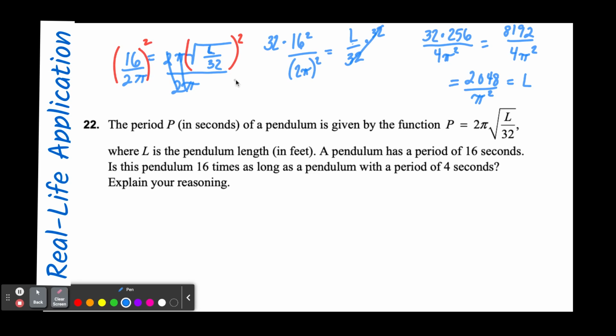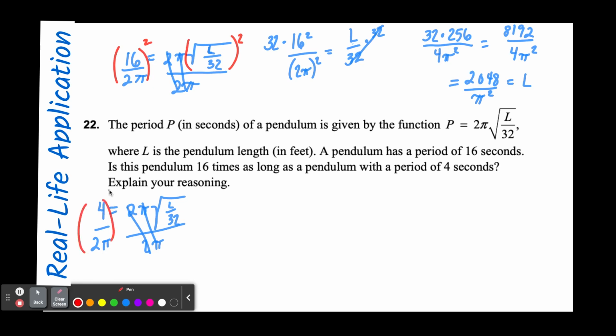So now we want to come over here, and if we have a period of 4 seconds, we'll work the same equation, 2 pi times the square root of L over 32, dividing both sides by 2 pi. It cancels there.